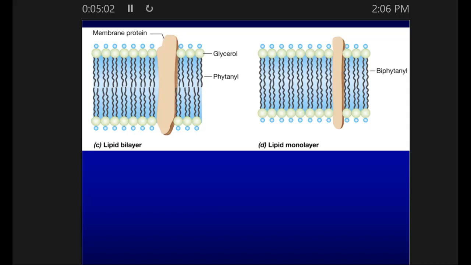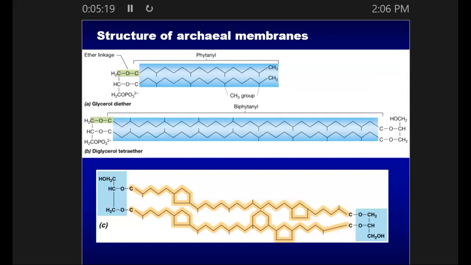It helps the microbe withstand pressure and heat pretty nicely. Whereas if it's a bilayer with a gap in between, those cell membranes can fall apart under high pressure and high heat. So archaea have some extra design tricks to deal with some of the more challenging environments they face.